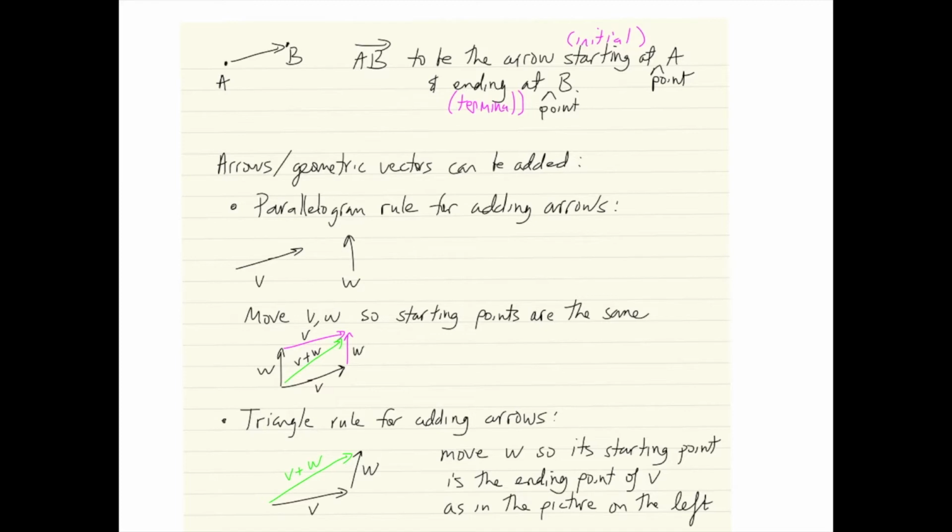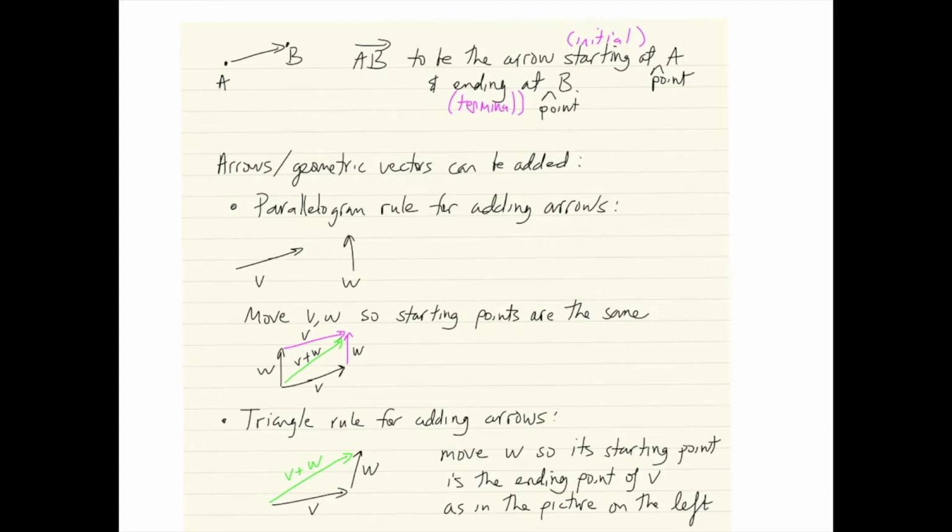Another way to describe this point here is the triangle rule for adding arrows or adding vectors. Move w, so w is way out over here somewhere, and then move it so its starting point is the ending point of v.